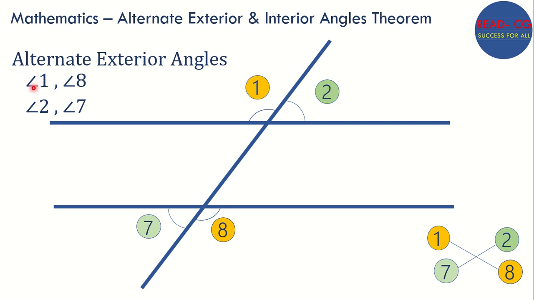See here angle 1 and angle 8, these two angles known as alternate exterior angles. Similarly, angle 2, angle 7, these two angles known as alternate exterior angles.